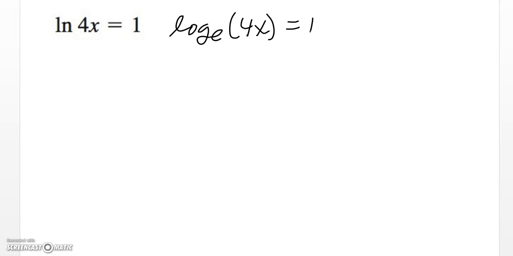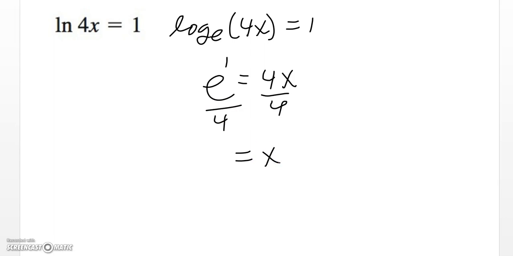So now we want to switch the form. It's in log form, so we'll take e is the base, and then the 1 comes over as the exponent, and 4x, and then divide by 4. And so e to the first power divided by 4, we can plug that into the calculator, and that will give us 0.68.